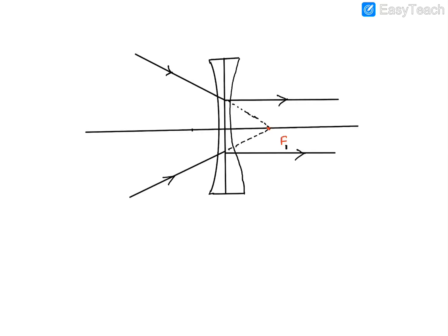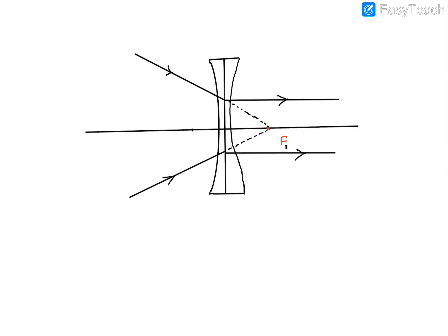So what is the first focal point? It's a point on the principal axis such that the incident light rays which are appearing to meet at F1, or pass through F1, will become parallel to the principal axis after refraction. So that's called the first focal point for a concave lens.